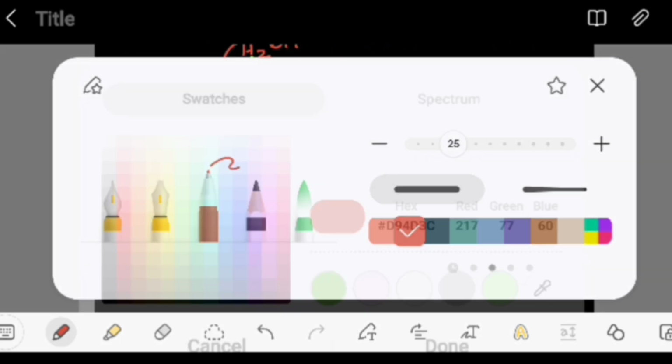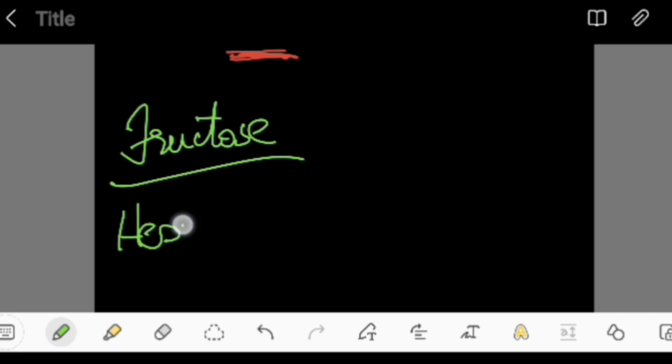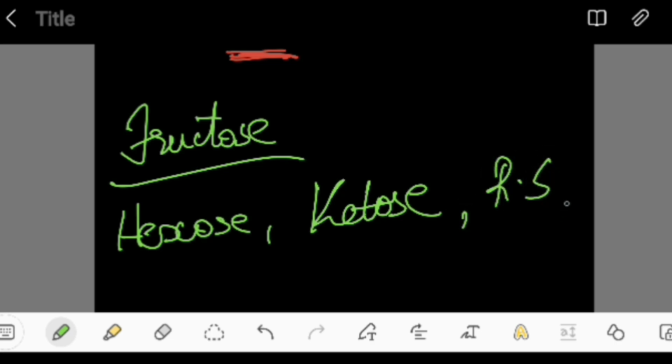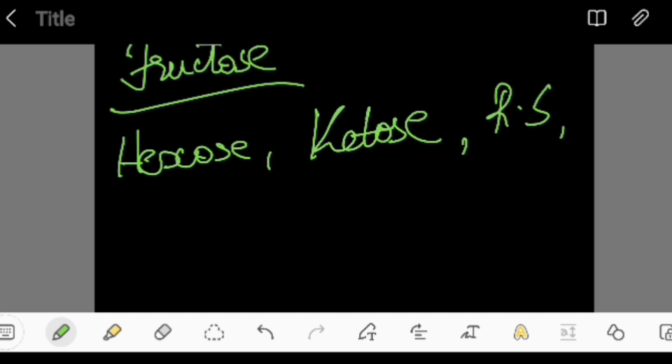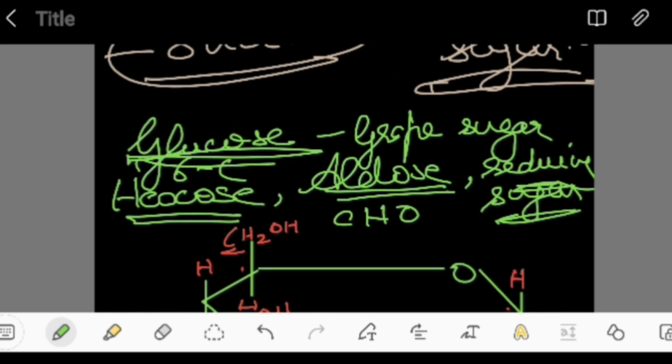Now, next thing we have to learn is about fructose. So, what is fructose? It is also a hexose, 6 carbon, but it is a ketose because a ketone group is present. It is also a reducing sugar, and it is the sweetest sugar. Sometimes you would think that sucrose is the sweetest sugar, but no, the sweetest sugar is fructose, and it is present mainly in fruits, so it is known as fruit sugar. Glucose is present in blood, and in hospitals we hear about checking the level of glucose in blood, so it is also known as blood sugar.